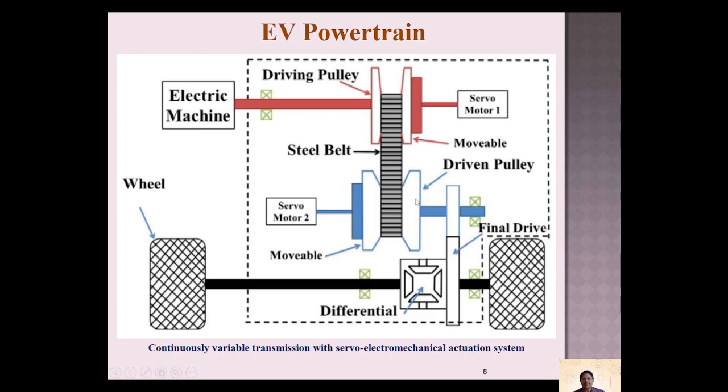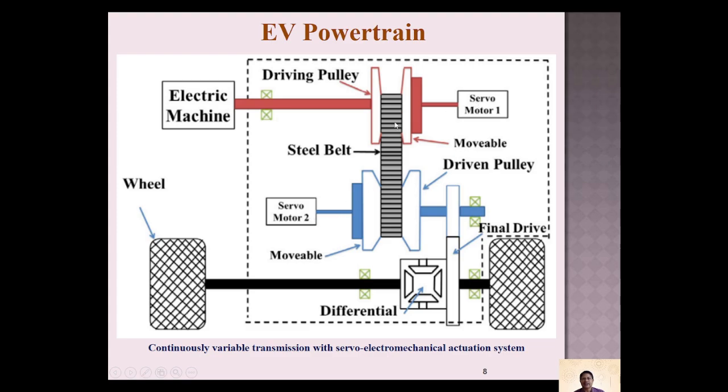Nowadays electric vehicles mostly use the continuously variable transmission, shortly we can say CVT, with a servo electromechanical actuation system, that is servo motor 1 and servo motor 2.